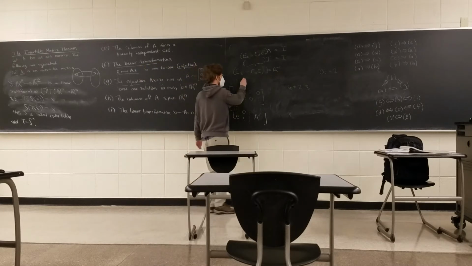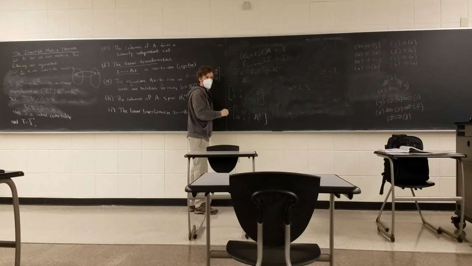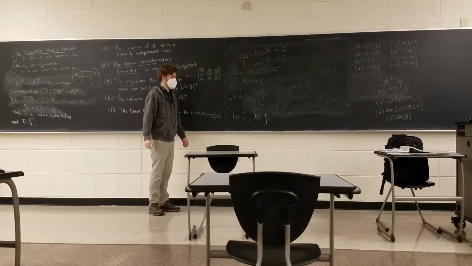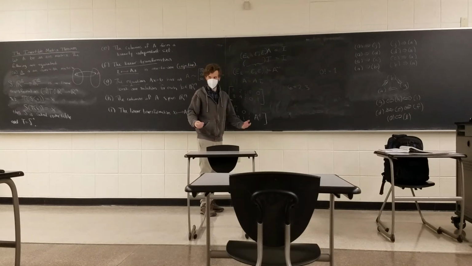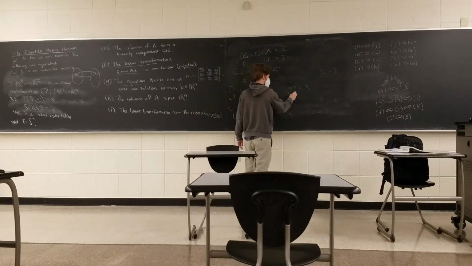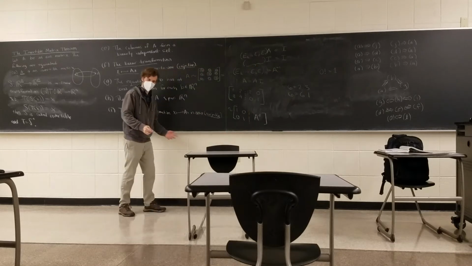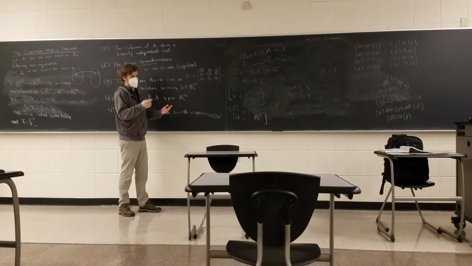Another kind of factorization that we could do is if we take any matrix, we can write it as A times I. Well, that's kind of a trivial factorization. It's valid, it's true, but you didn't really tell me anything useful.